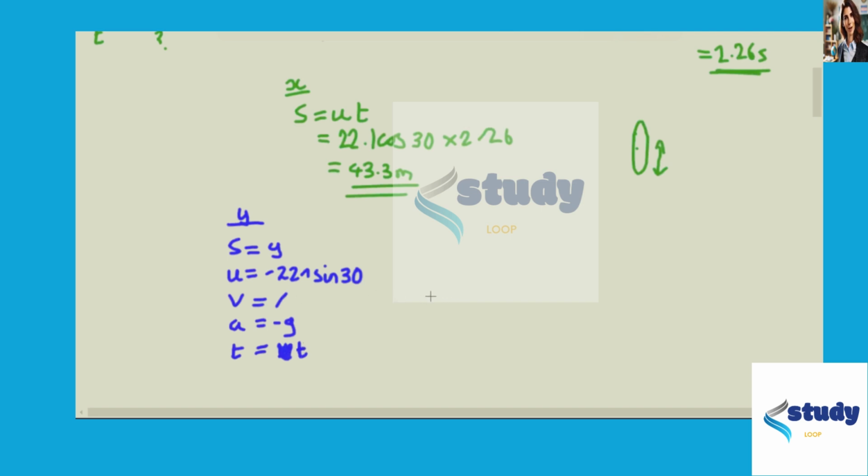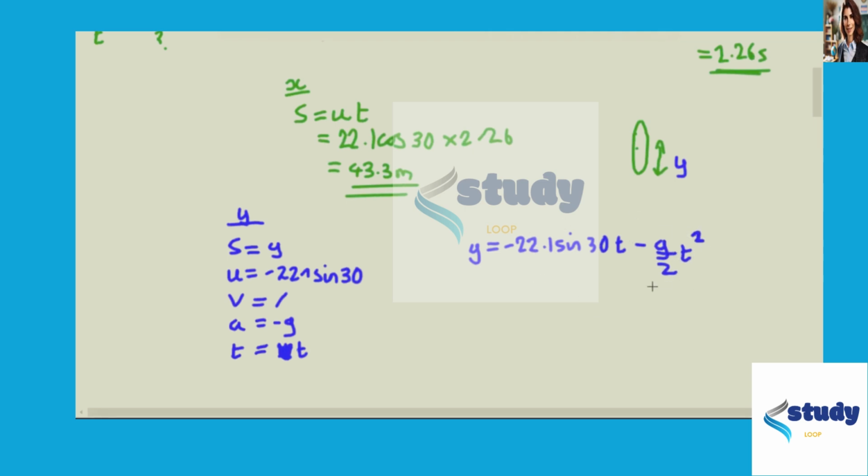So the further distance y is simply the radius that we've marked of our target, and therefore an equation with s, u, a and t is going to give us the following: y is equal to negative 22.1 sine 30 multiplied by t, and then we add to that negative g over 2 t squared.